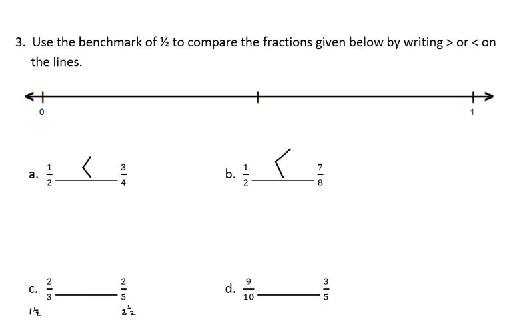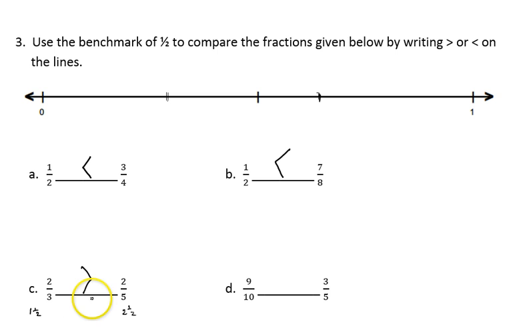Since 2/3 is past the halfway mark when I'm thinking of my thirds, 2/3 would fall roughly about here on the number line, and 2/5 would fall less than half, roughly about here. I know that 2/3 is greater than 2/5. 2/3 is more than a half, 2/5 would be less than a half.